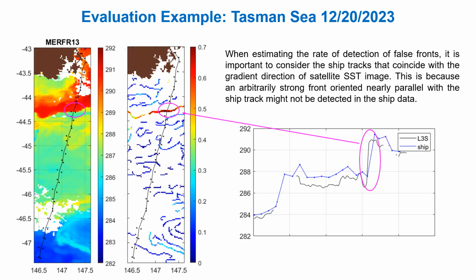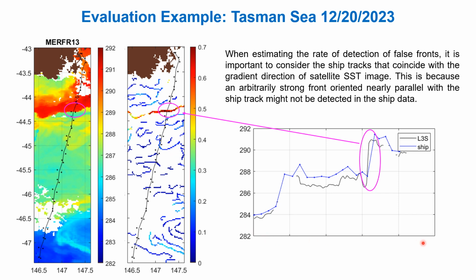This slide shows one of the examples when the ship's path was nearly orthogonal to a strong thermal front. The first figure shows the SST image, and the ship's path is indicated here by a black line. The second image shows the gradient magnitude in Kelvin per kilometer, specified only at the thermal fronts detected by our product.